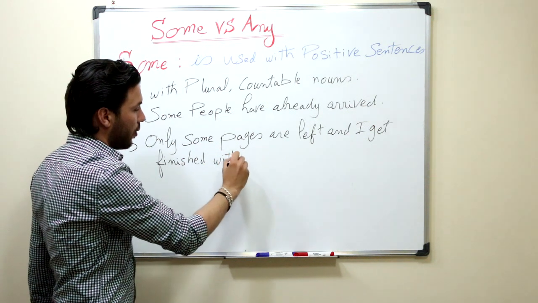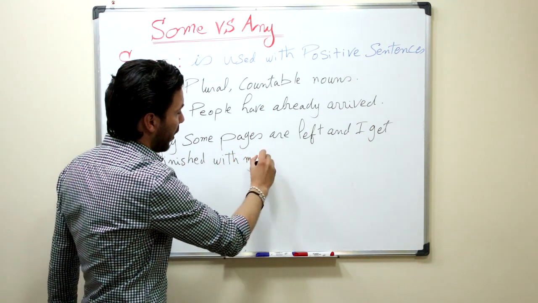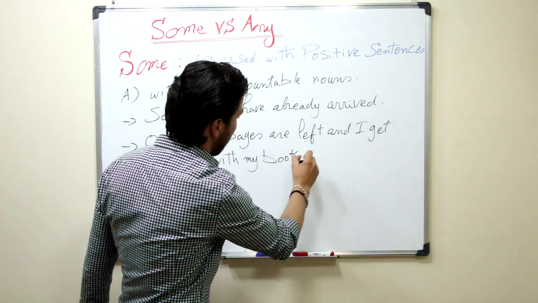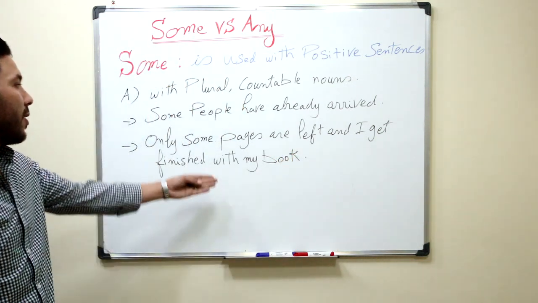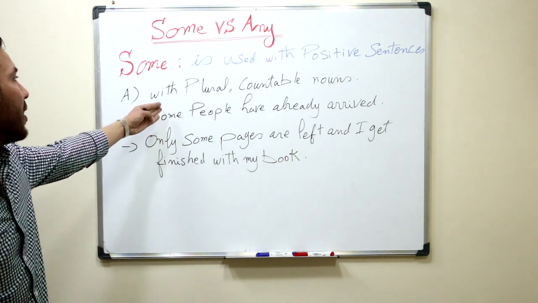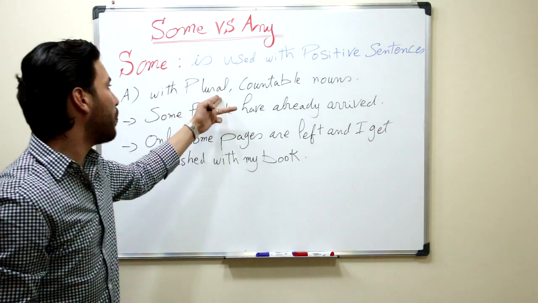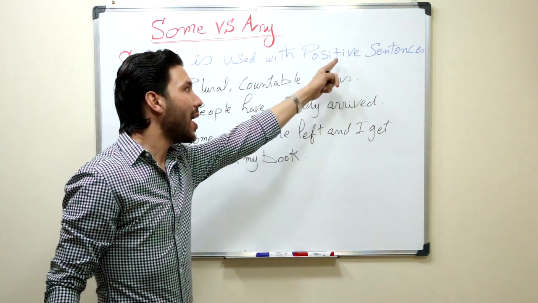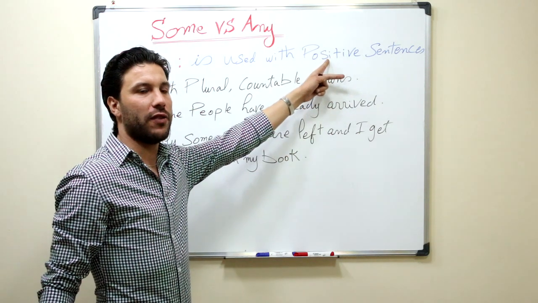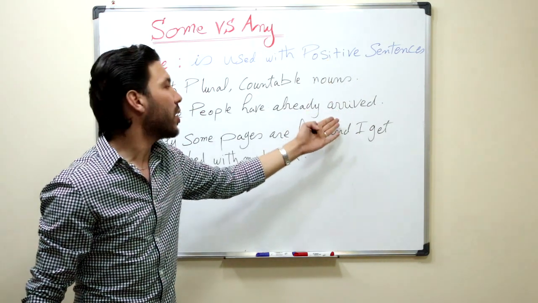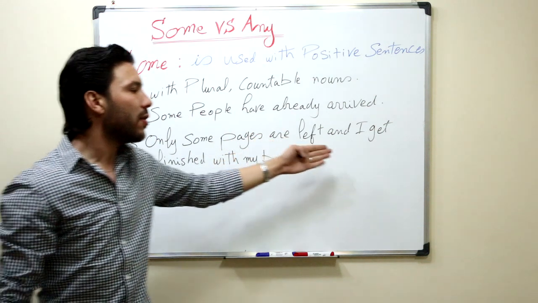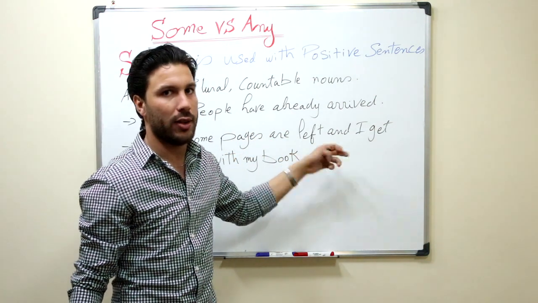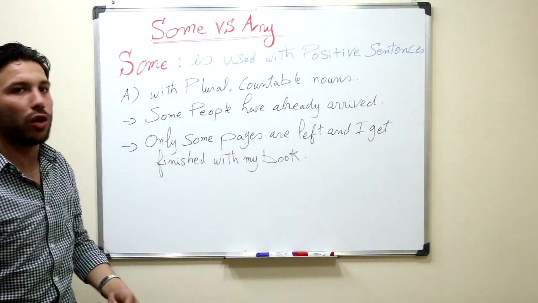So that is the first rule. I repeat, we use it, as I said, with plural and countable nouns, and of course with positive forms. So here, as you notice, there is no negative and there is no question forms. And I am going to explain furthermore.